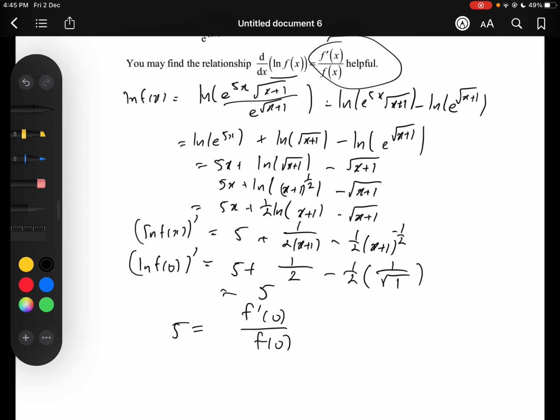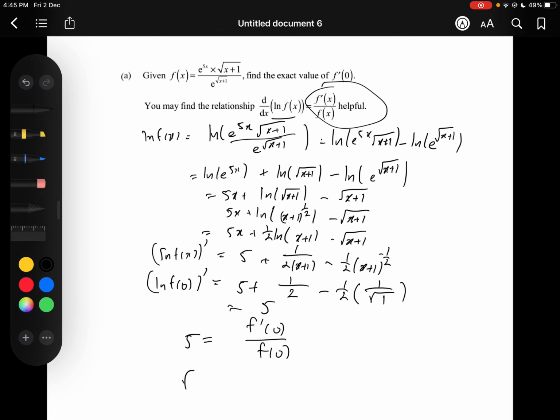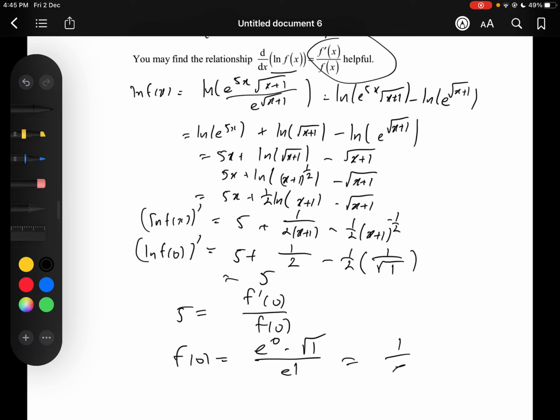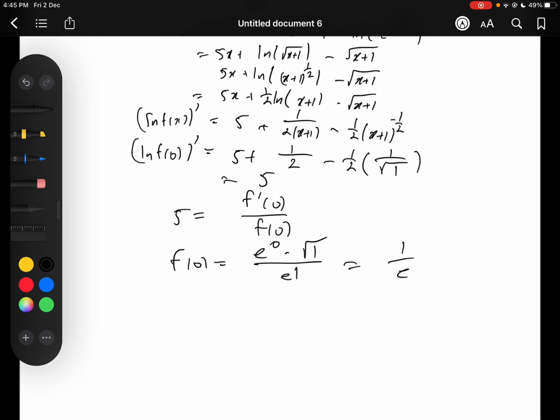We want to evaluate f dash of 0, so we just need to find what f of 0 is. f of 0 is simply e to the power of 0 multiplied by square root of 1, all over e to the power of 1. So that is equal to 1 over e. Brilliant.